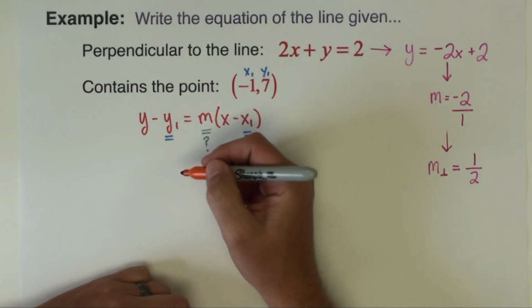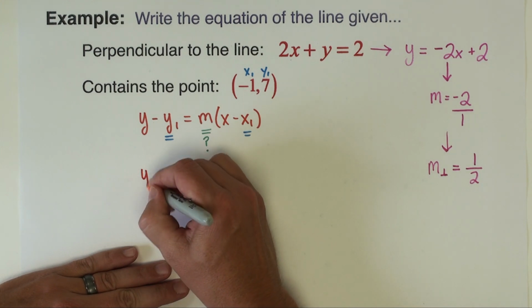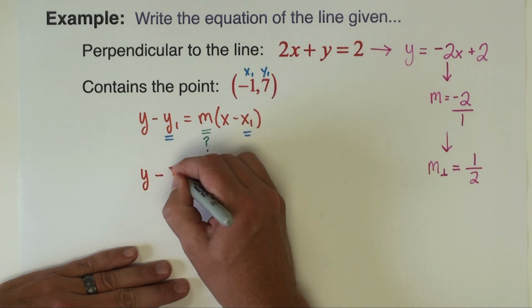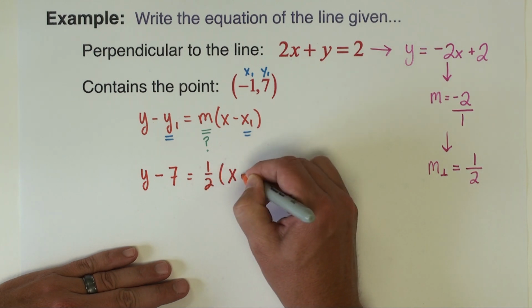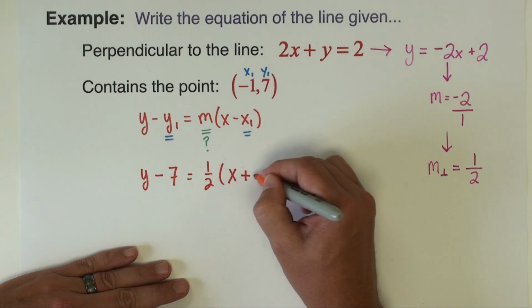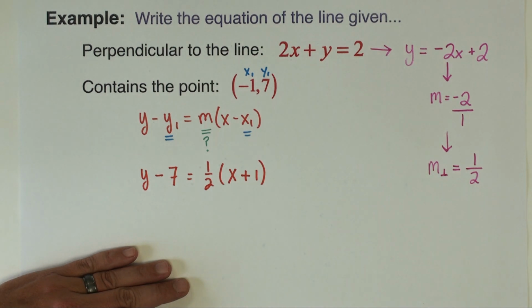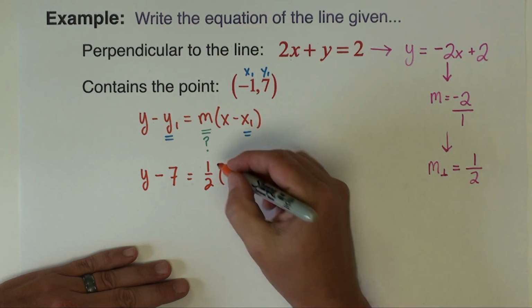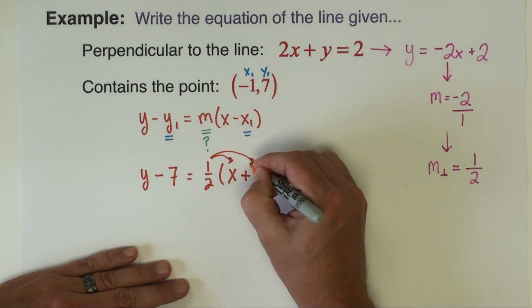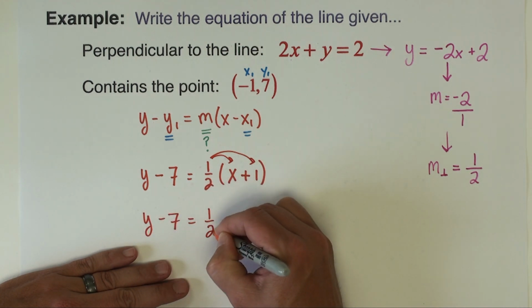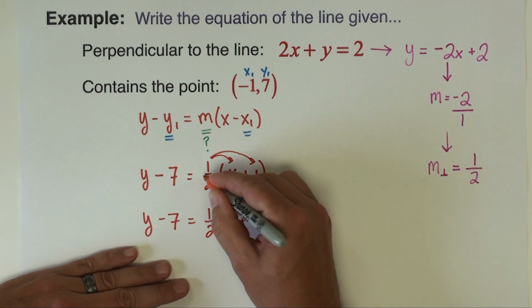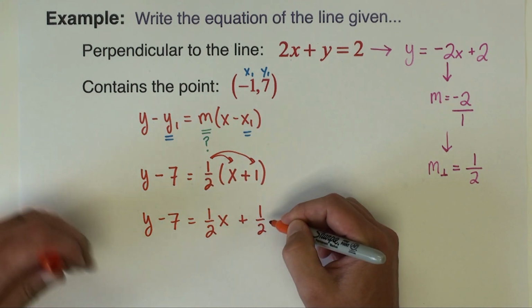So let's plug it all in. Here we go. We're ready to solve this problem. y minus the y of 7 equals +1/2 times x minus -1, change that to +1, like so. I'm going to distribute 1/2. So y minus 7 equals 1/2x. 1/2 times 1 is 1/2.